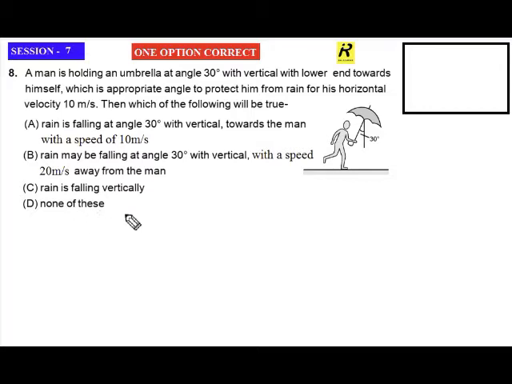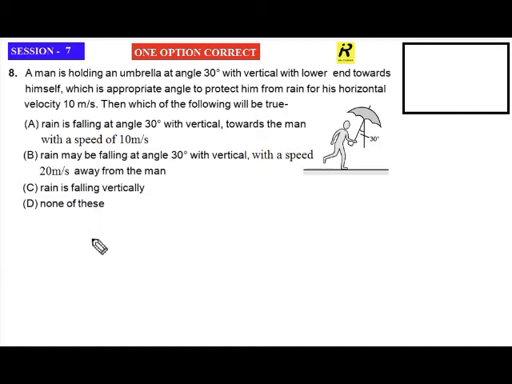Man is moving forward, and now the effective velocity of the rain will come like this. This is the effective velocity of the rain.